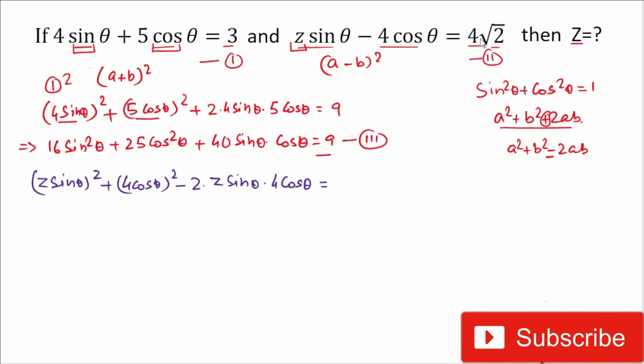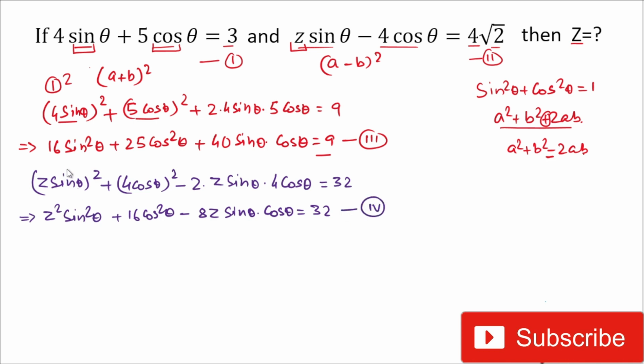On the right hand side we have 4 square root 2 squared, which is 16 times 2, that is 32. Simplifying, it is z square sine square theta plus 16 cos square theta minus 8z sine theta cos theta, equal to 32. We'll take this as equation 4.